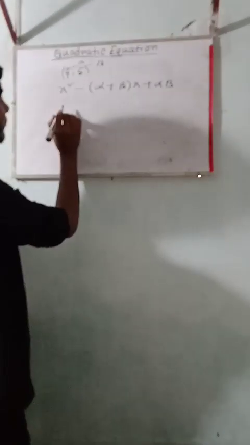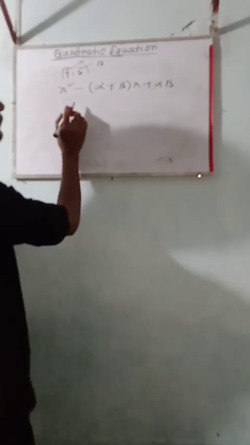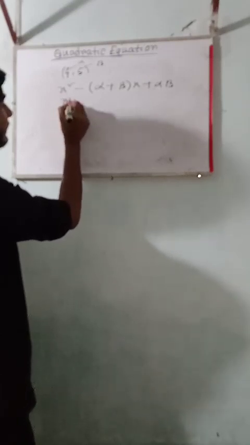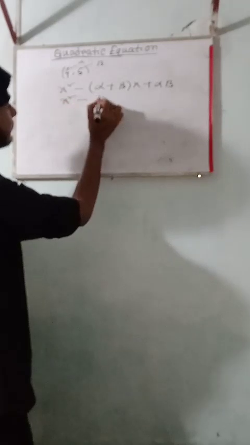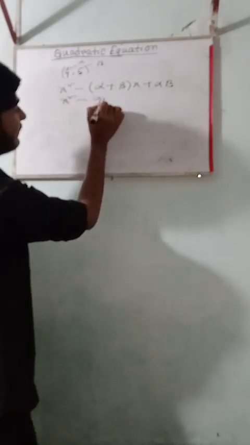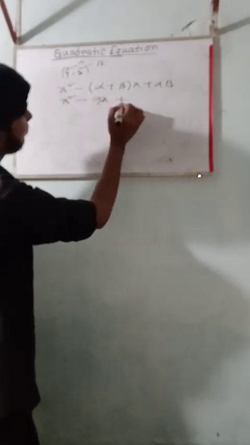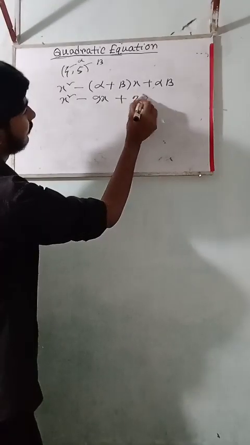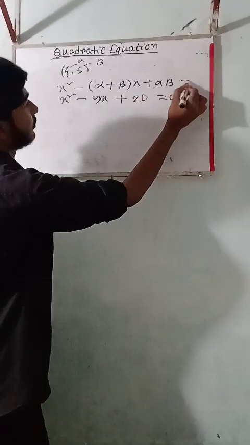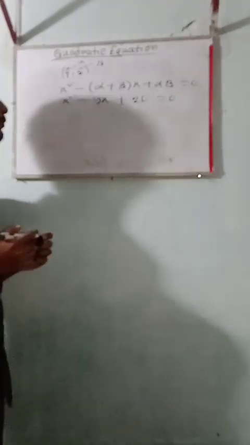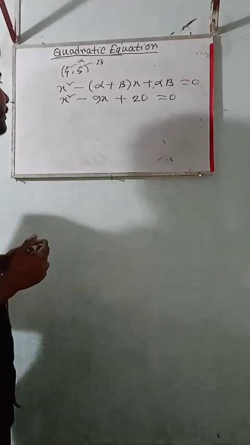Here alpha is 4 and beta is 5, so we can write x square minus alpha plus beta is 9x plus alpha beta, that means 20, is equal to 0. So this is the reversible process from roots to determining the equation.